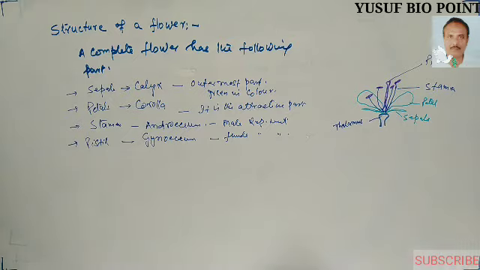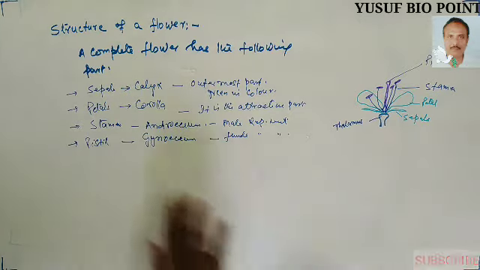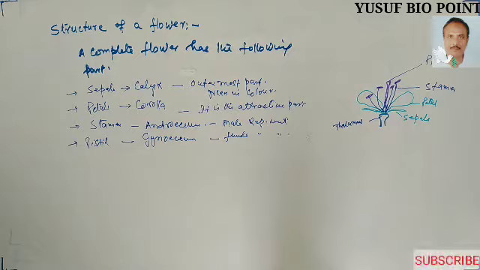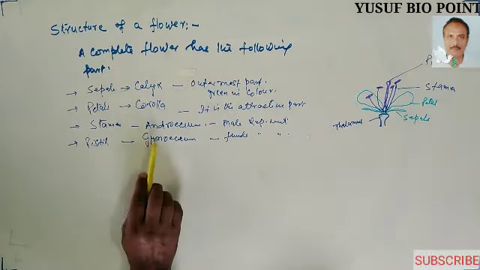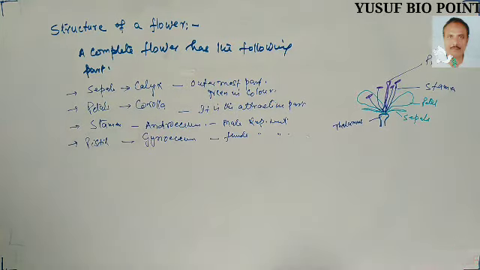If all these parts are present, then the flower is called complete. The flowers in which both sexes are present, that is both stamens and pistils, are called bisexual. And there are also unisexual flowers, when the flower contains only one reproductive unit, so that is not a complete flower.